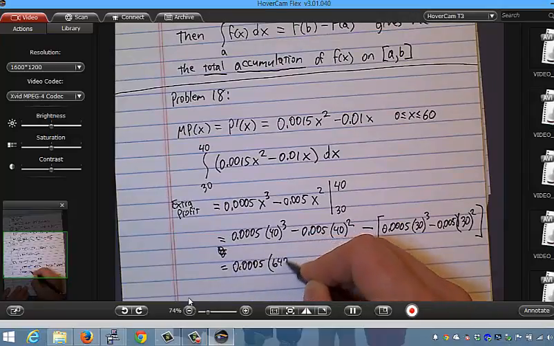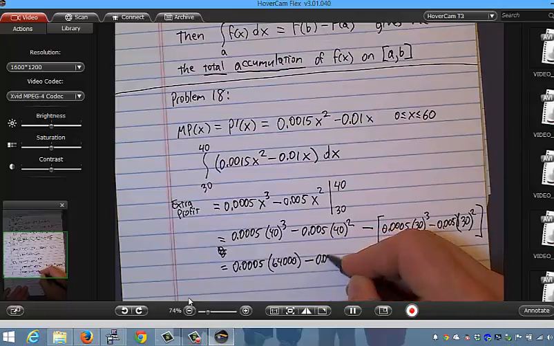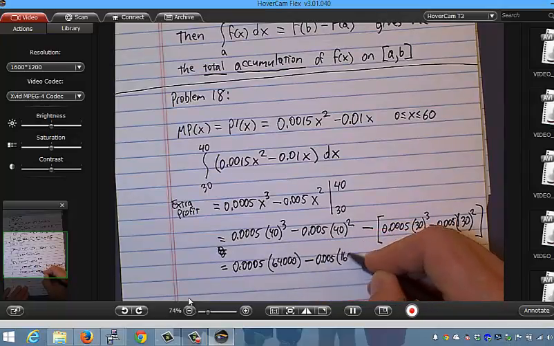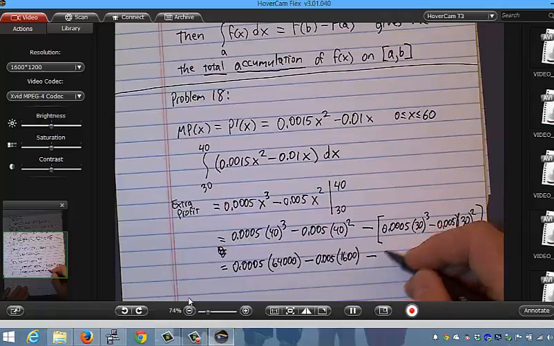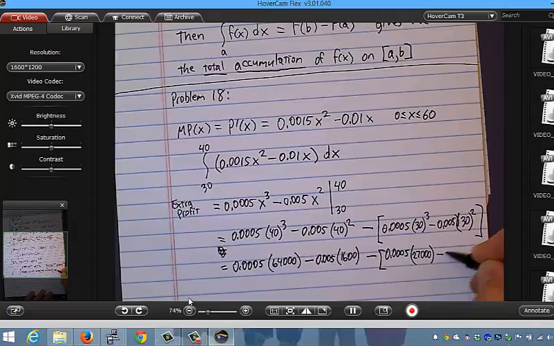So this is 64,000 when you cube 40. And this is 1,600 when I square 40. And this is 27,000. And this is 900 when you square 30.